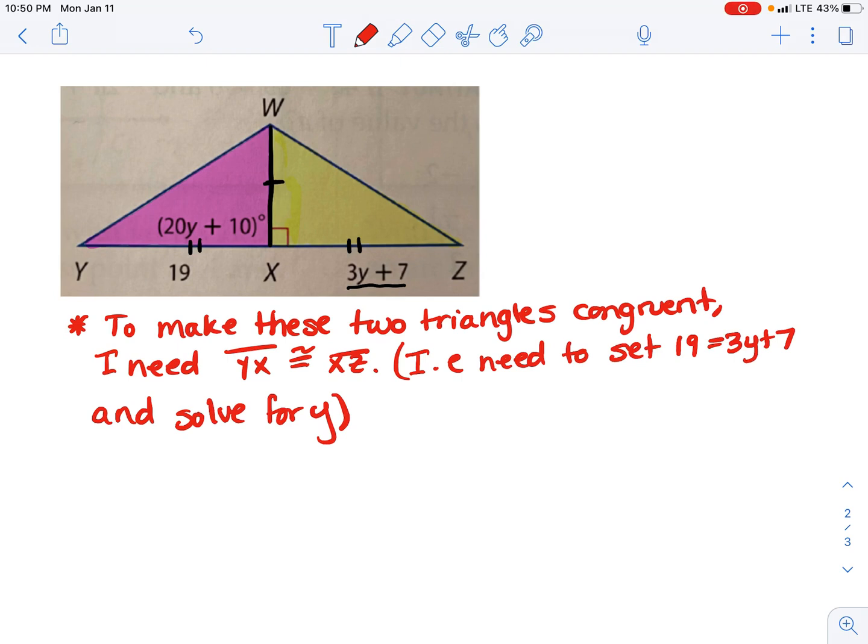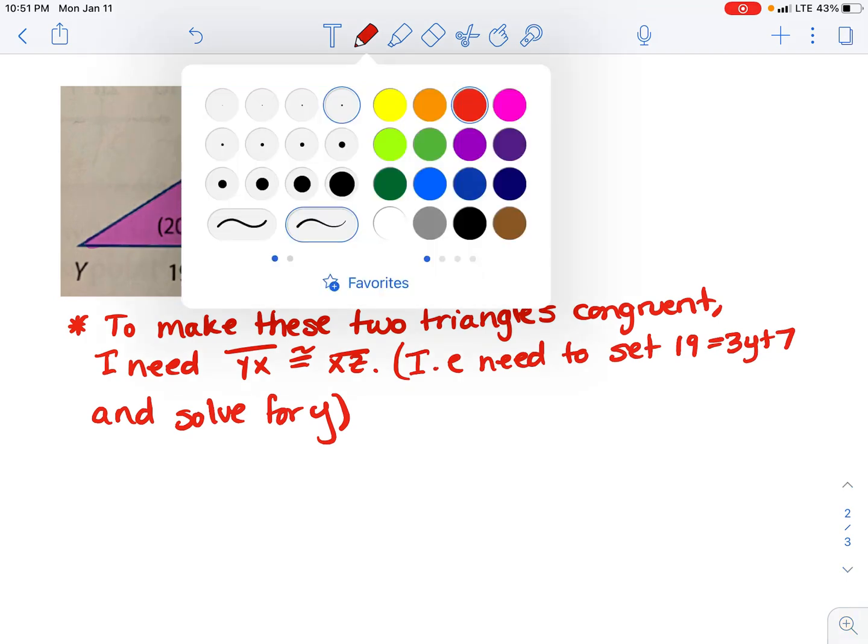To get the second side, I need to make side yx congruent to side xz by finding a y value such that when I plug it in, my side length for xz is 19. In other words, I need to set 19 equal to 3y plus 7 and solve for y.